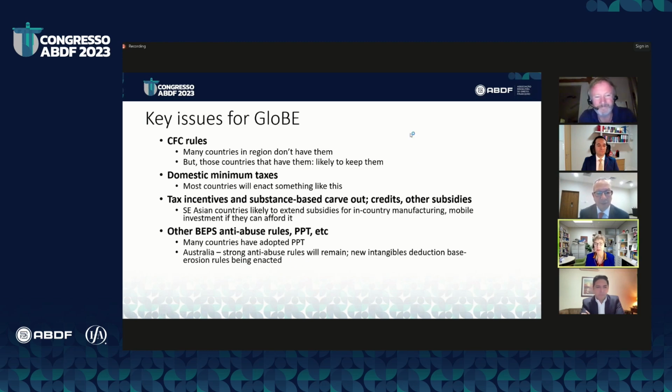So, other anti-abuse rules. Of course, we have a lot of anti-abuse rules from BEPS 1, right? The first element, we already had a general anti-avoidance rule in our statute, but we have this proposal currently in the Parliament, which has been deferred a little, to deny a deduction for payments in relation to intangibles that go offshore, so base eroding payments, when they are going to a low tax jurisdiction.